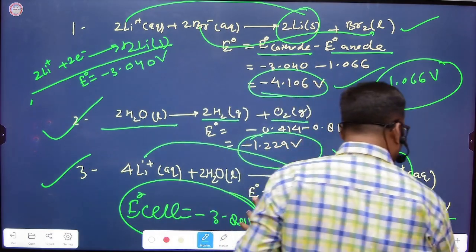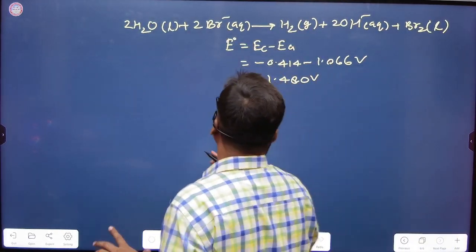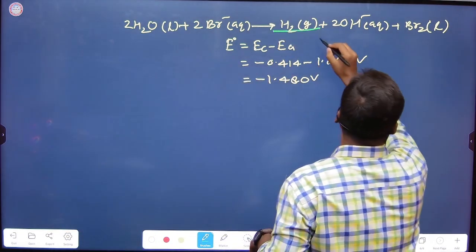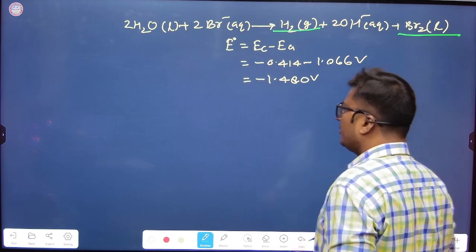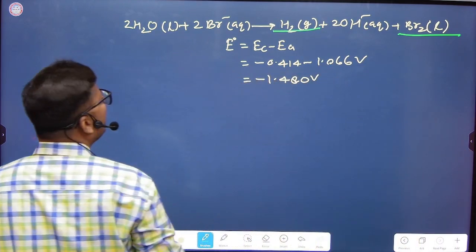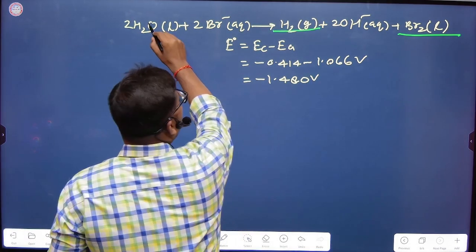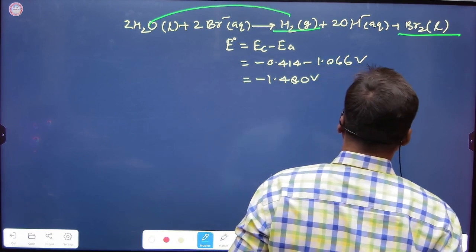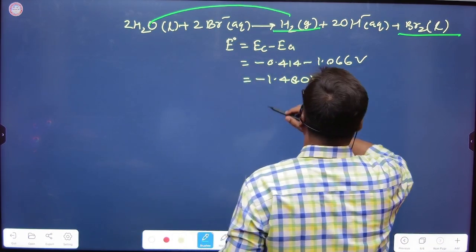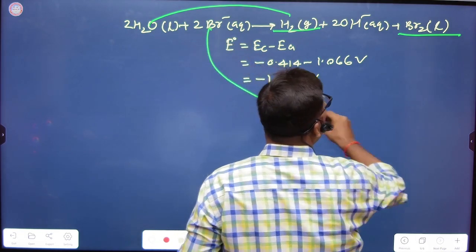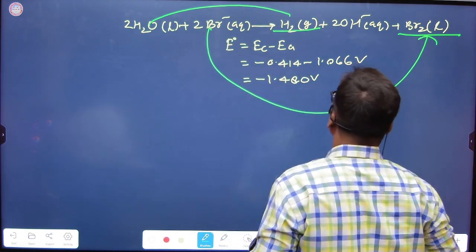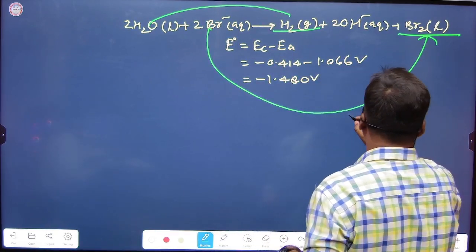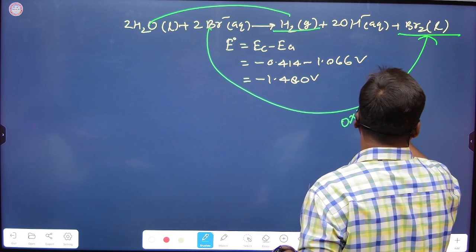And the fourth possibility is that there may be a chance of production of hydrogen gas and bromine liquid. So what happens here? Water is converted into hydrogen gas, and bromide ion is converted into bromine. So here bromide ion gets converted into bromine, that is oxidation, right?